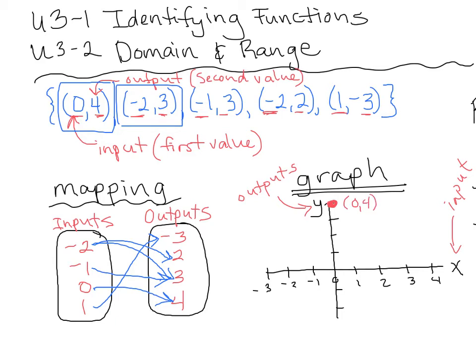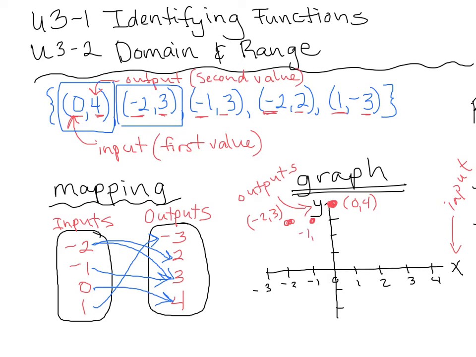And then -2, 3. I go to -2 on the x-axis, and then up 3 on the y, and I put a point. That's about -2 and 3. Okay, let's continue plotting points. -1, 3. That would be right here.